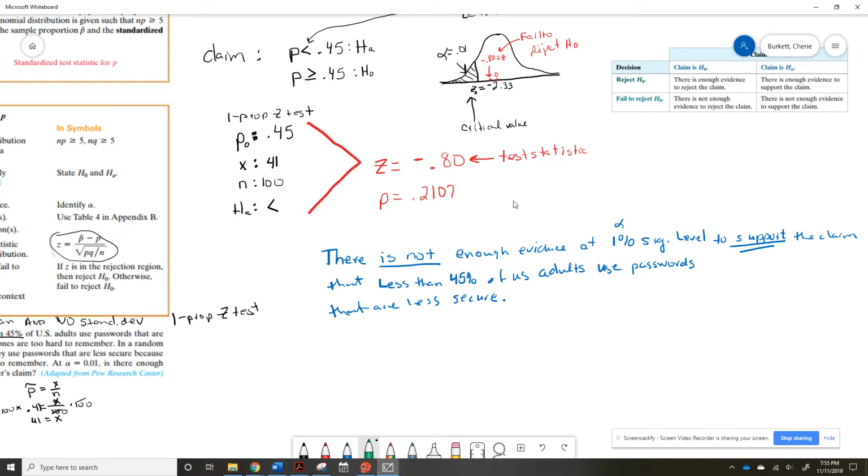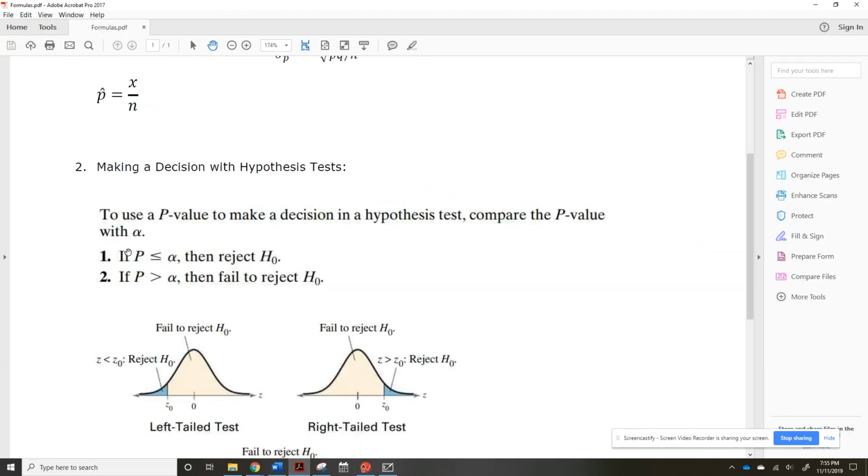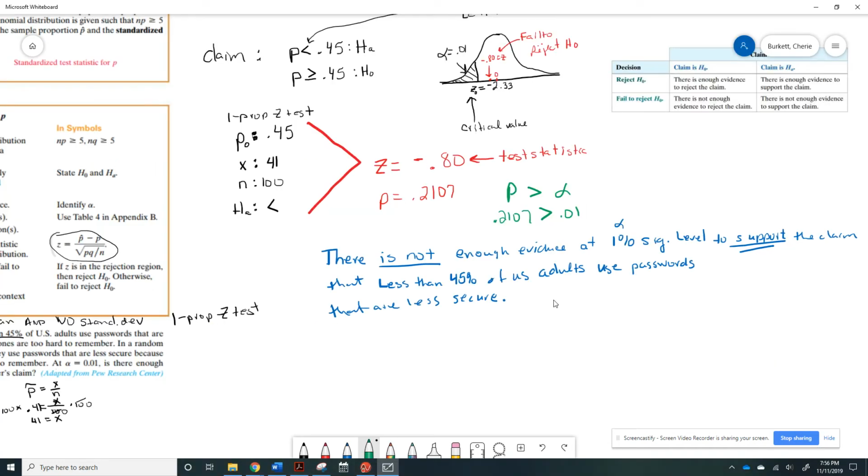P is 0.2107, alpha is 0.01. And when you compare these two, you see that this number right here is greater than, so P is greater than alpha. And it says that if P is greater than alpha, we fail to reject. So we got the same results.